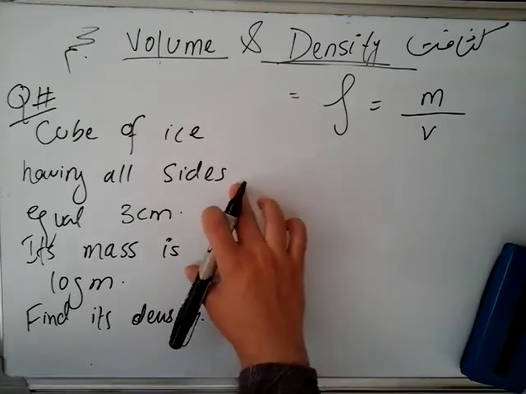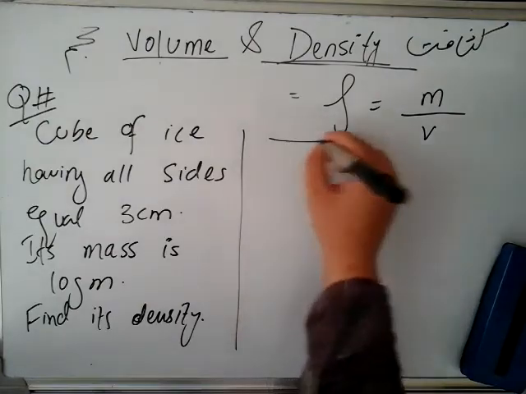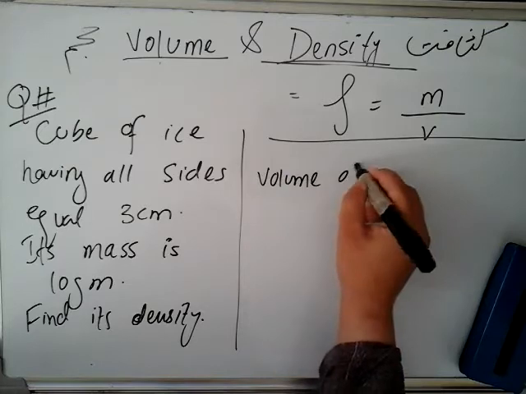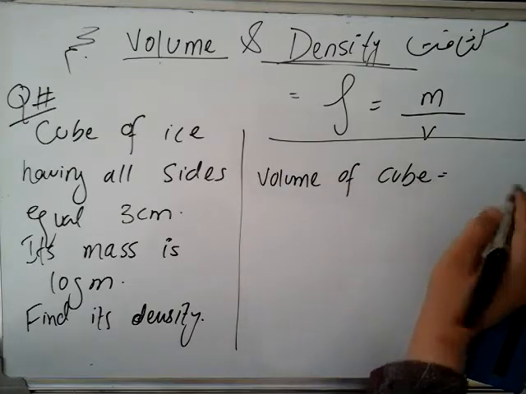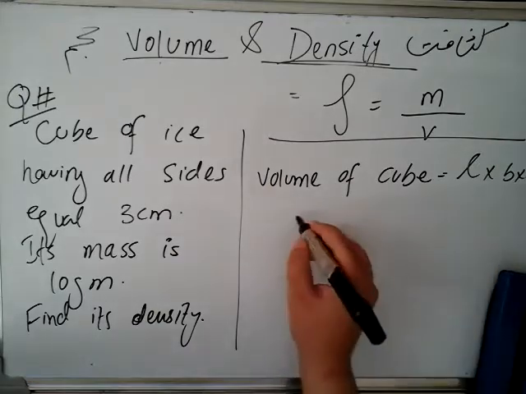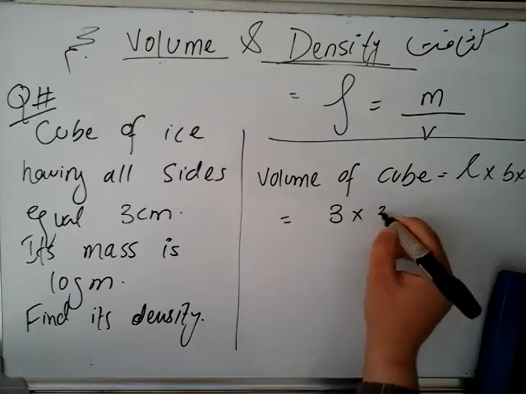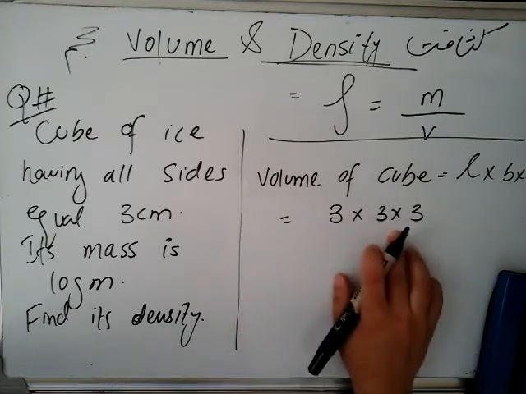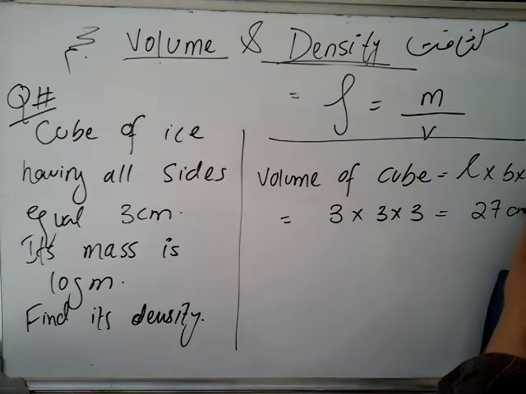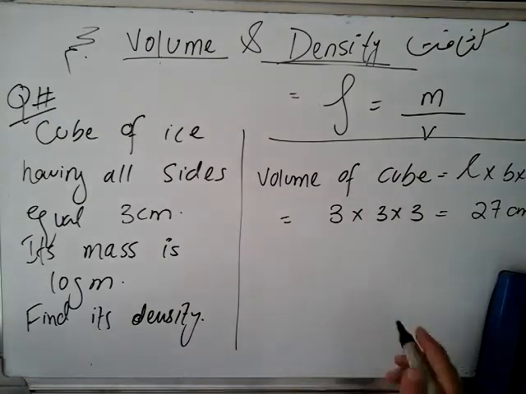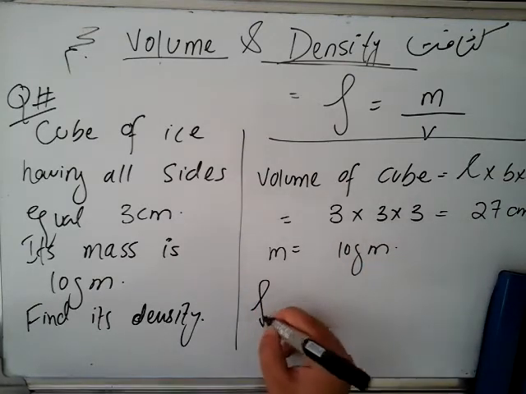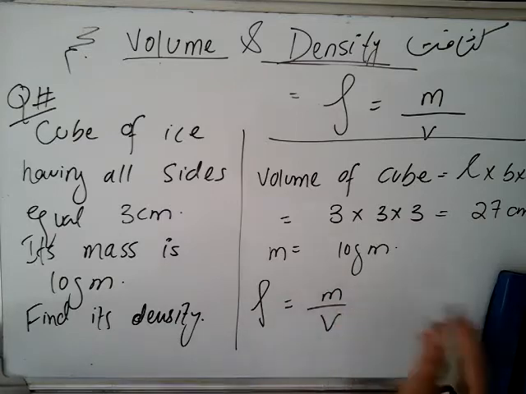So first of all you need to find the volume of the ice cube. We know that volume of cube is equal to length multiplied by breadth multiplied by height. So 3 centimeter multiplied 3 times gives 27 centimeter cube, which is the volume. Given mass is 10 gram, and we know that the formula of density is mass per unit volume.